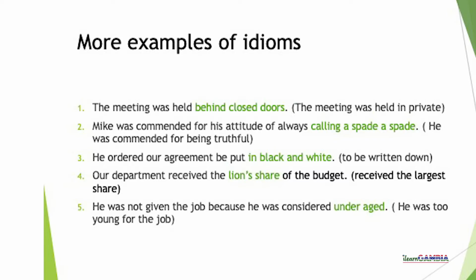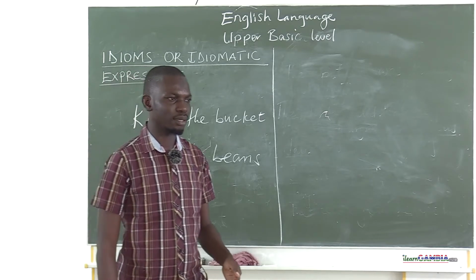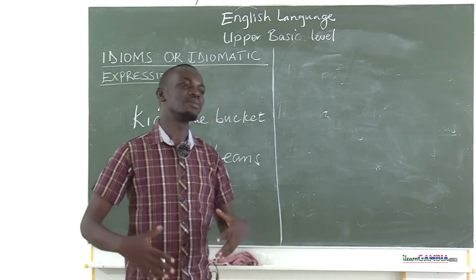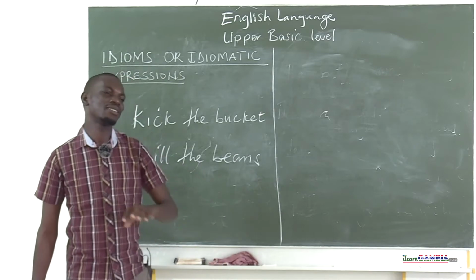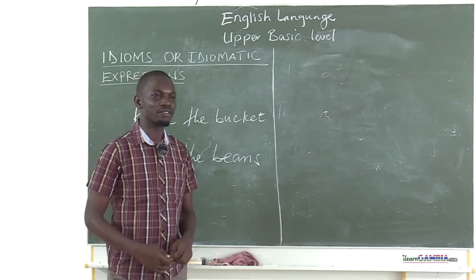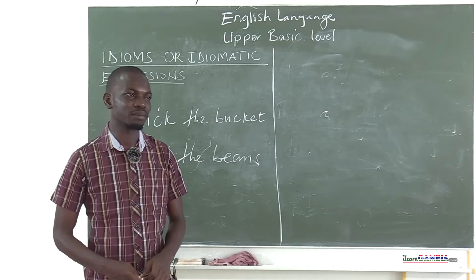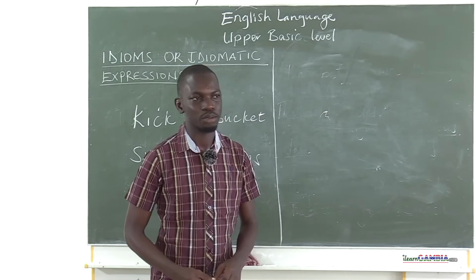The reason for using this is to make your writing more interesting, so that your reader will see your expression in a different form, different from the ordinary way of just expressing what you mean. So the meeting was held behind closed doors.